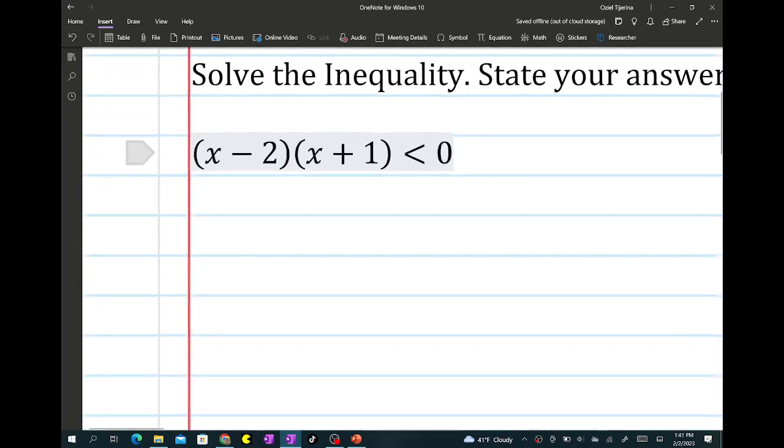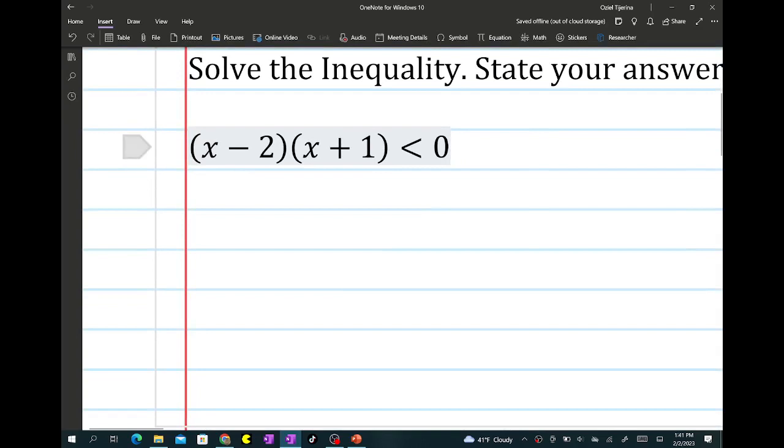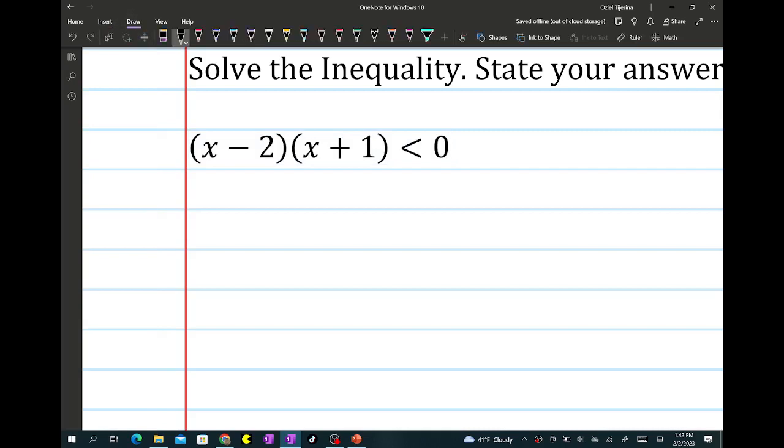Okay, so here we have this. This is kind of a basic example. It says the quantity x minus 2 times the quantity x plus 1 is less than 0. Obviously we want to go ahead and draw a number line.